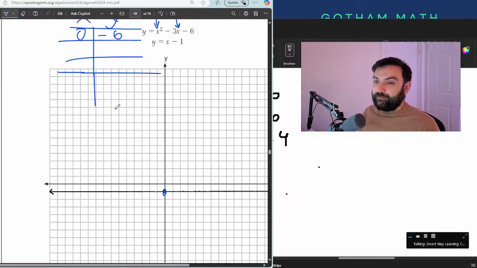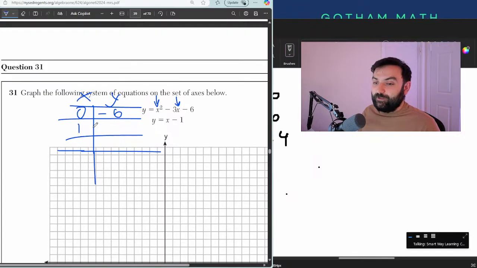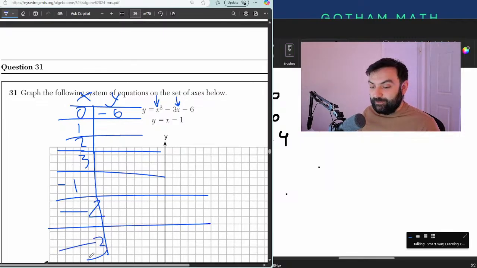Then you can plug in 1, get the answer. 2, get the answer. 3, get the answer. Then plug in the negatives: -1, -2, -3, and see your answers, and it will graph itself.